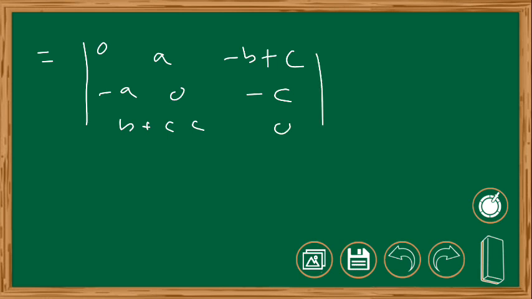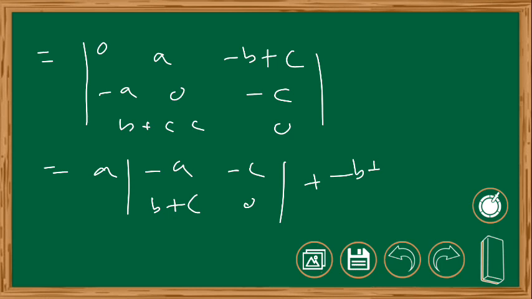Okay, so now what I will have, just expand. Here 0 has nothing to do, a will be multiplied, you remove the row and column containing a, that will be minus a, minus c, and here it will be b plus c and 0. Then plus minus b plus c will remain here, and what is left? Minus a, 0, and b plus c and c.